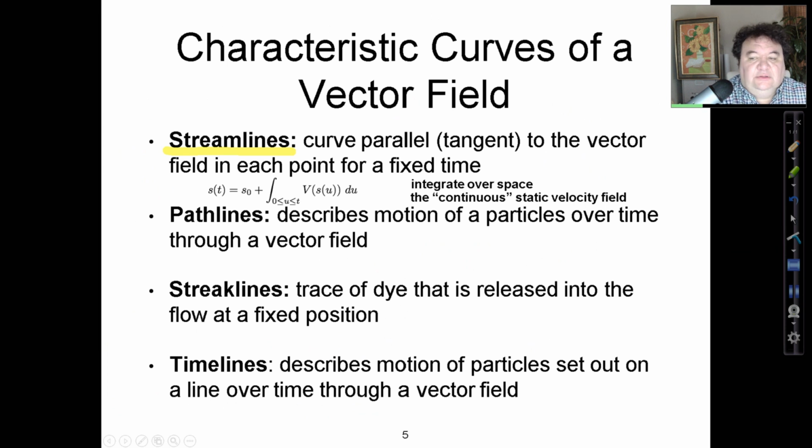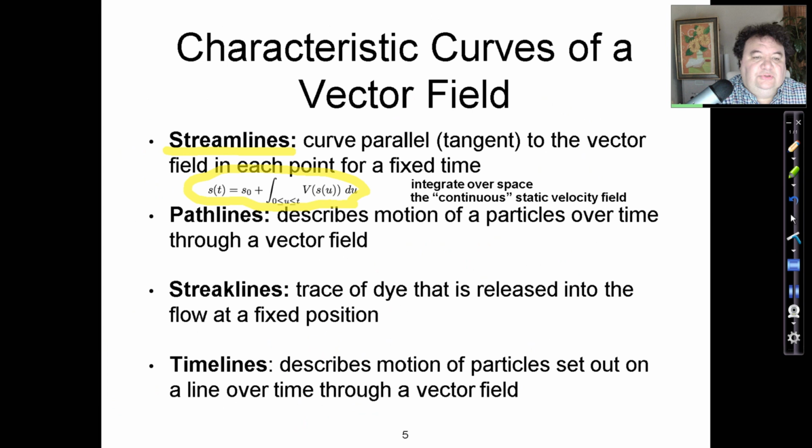Notice that here we're not including in this description a time parameter because those really make sense in a steady vector field. And so in particular, you take a particular location and then you follow or integrate along the direction of the flow.